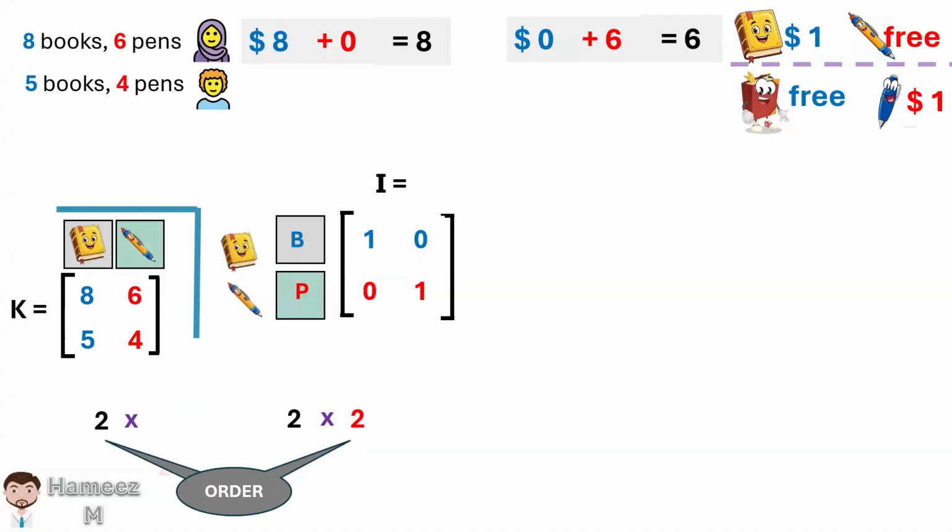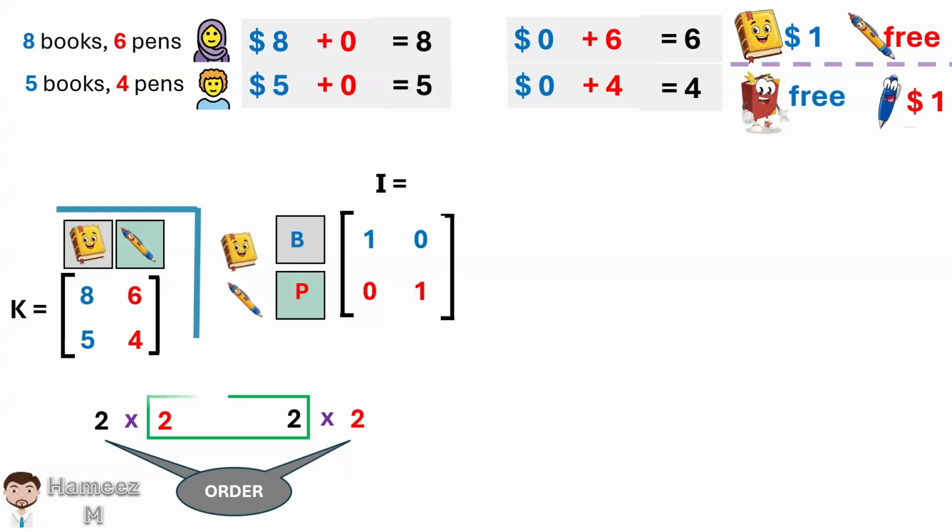And what happens here, the books will cost Liam $5 if he goes to the first bookstore, and 4 pens, which are free, will be 0. So it'll be a total cost of 5. While if Liam goes to the second bookstore, the 5 books will be free, and the 4 pens will be 4 by 1 is $4. So we're going to get a total of 4.